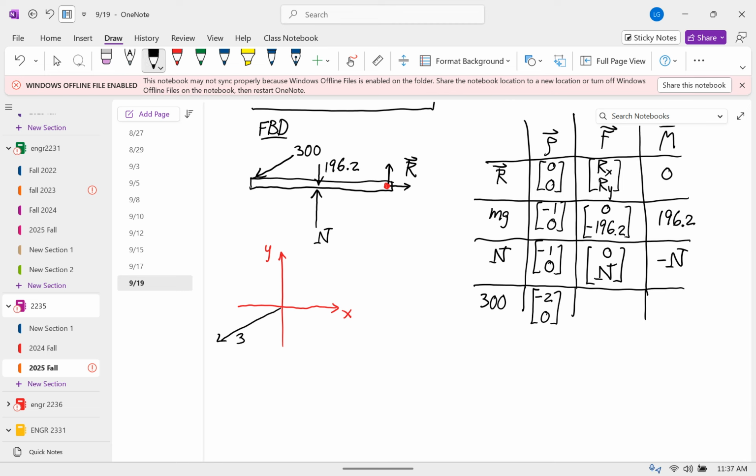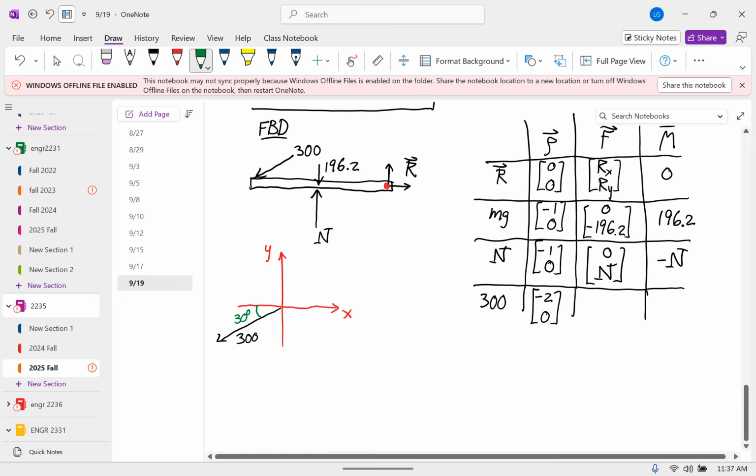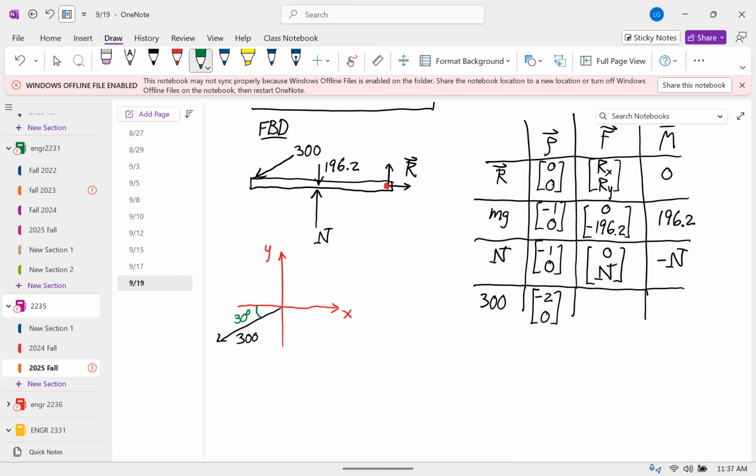Here's our vector. It has a magnitude of 300, and it makes an angle of 30 degrees there. So my theta is, start at the positive x-axis, go to 180, then another 30.